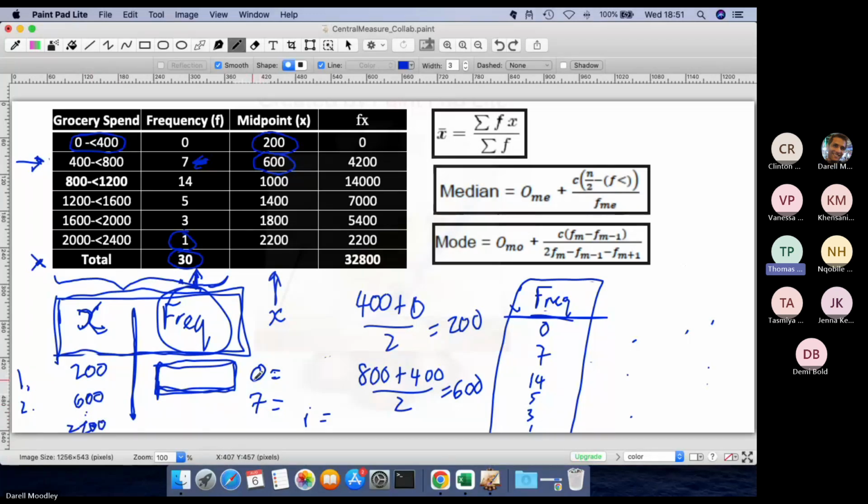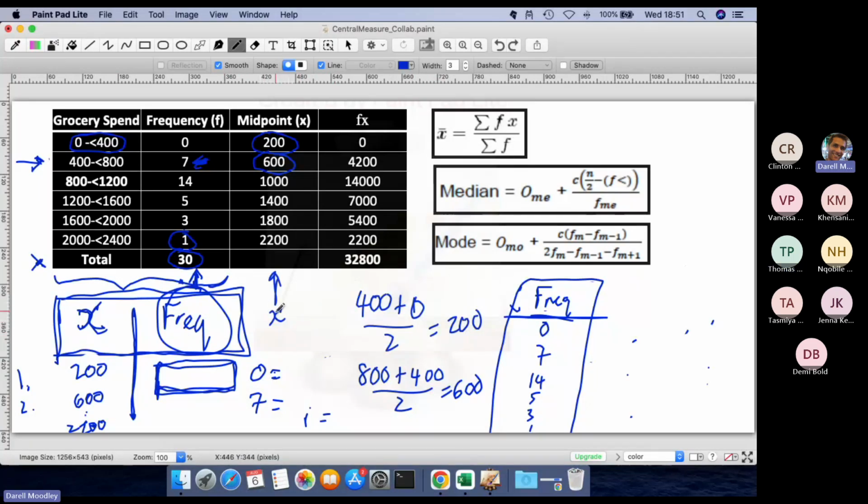Let me ask you a question. If I didn't have this midpoint column already sorted out for me, and I had to work it out myself while in the middle of this mode, will I need to use a separate calculator to get this, or is there a way I can do it after working out the frequency?